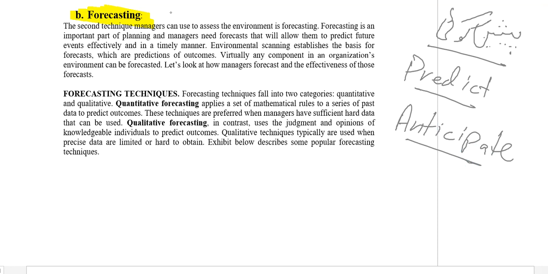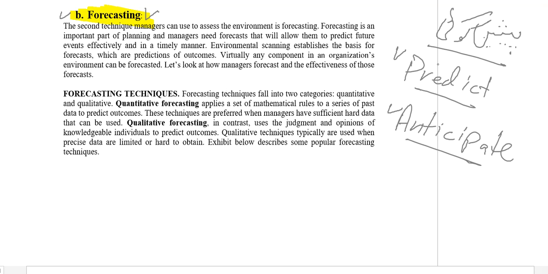We use these three words: number one, forecasting; number two, prediction; and number three, anticipation. So after scanning the environment, we have to forecast for the future. In order to make plans or set the goals, we have to forecast.